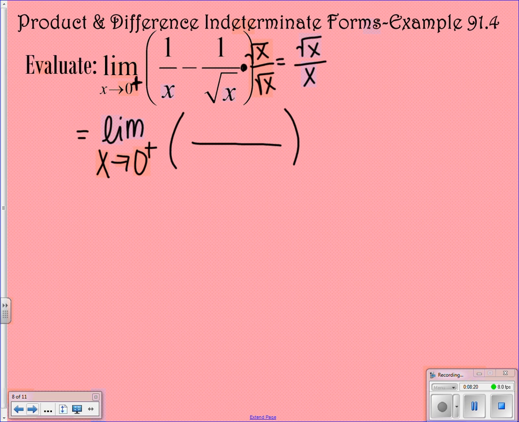Instead of 1 over the square root of x, that's the square root of x over x. And so our common denominator is really just an x, and then we'd have 1 minus the square root of x. So that's what you would want to write for your fraction. And so if we plug in a 0, it's not going to be very pretty because we're looking at it from the right.